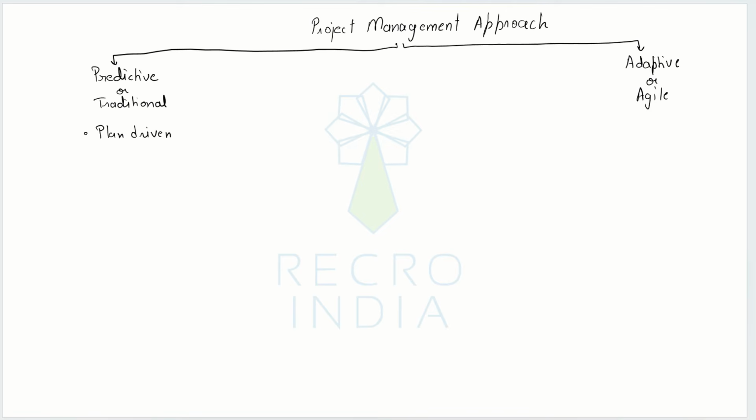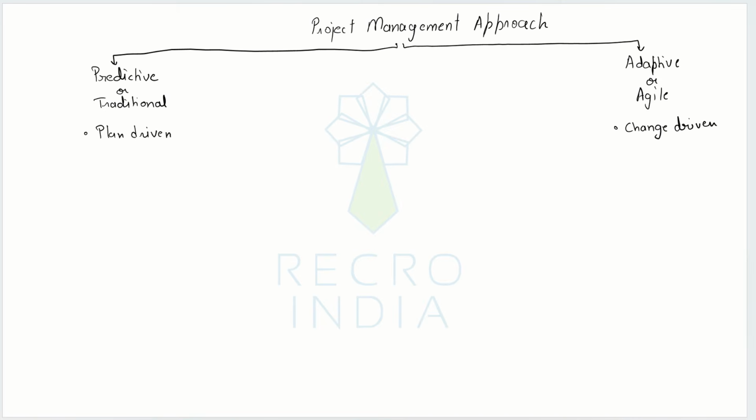Basically, the overall scope is well defined in the beginning itself, and the degree of changes expected in the scope are very less. So it is safe to plan most of the things in detail and execute the work in an appropriate manner.